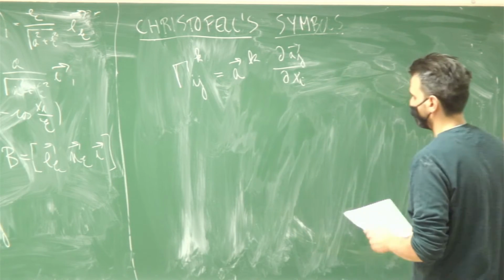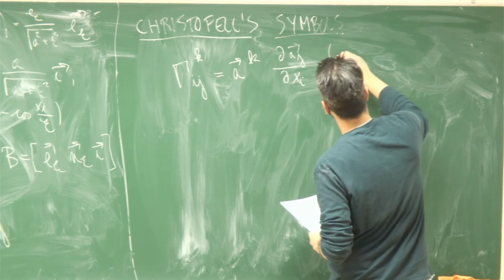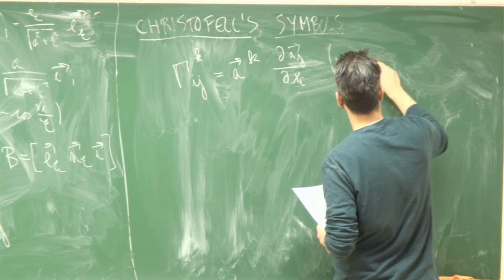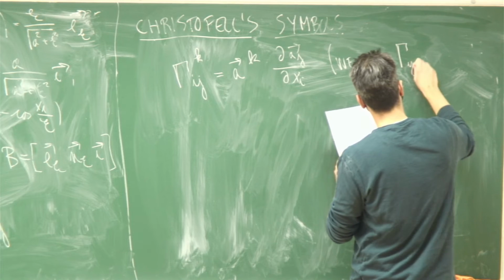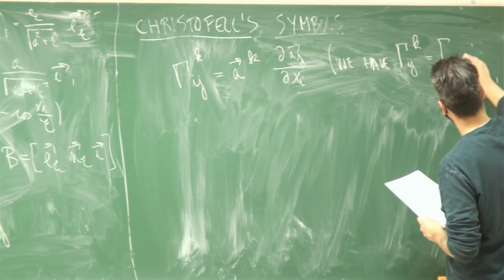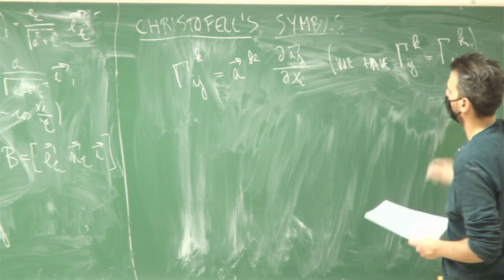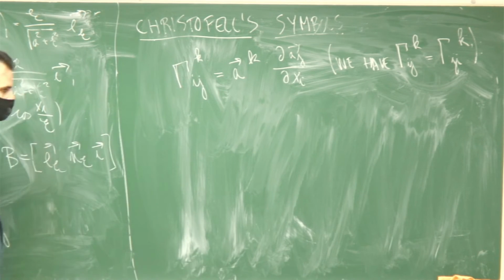An important property of these symbols is that they are symmetric in the lower indices, so we have this kind of symmetry. In case one day you'll be computing in these curvilinear coordinates, it's useful to know some of these properties.